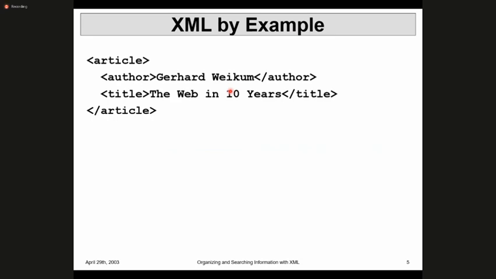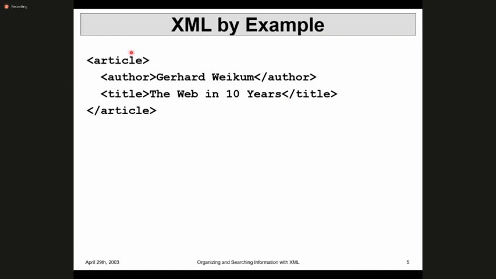So this is a simple XML file. Here you can see article, and then author and title. As an example, this is an article, and this article is written by this author, Jihad Vico, and the title is The Web in 10 Years.